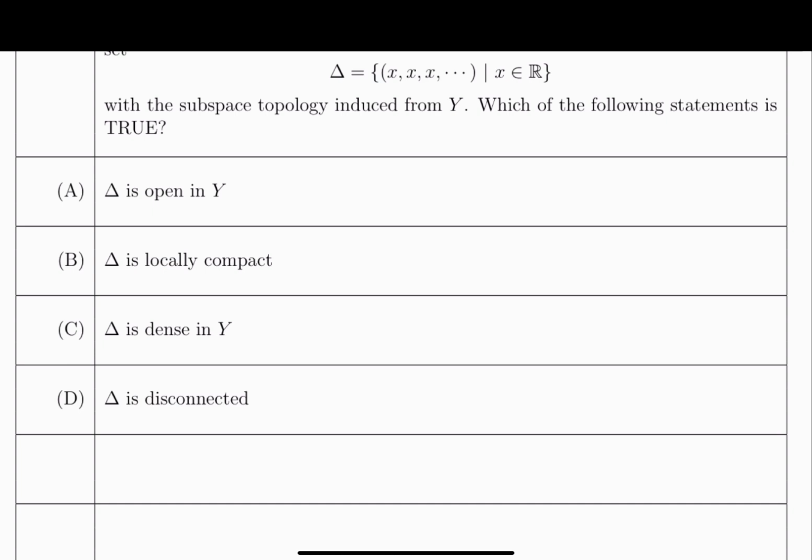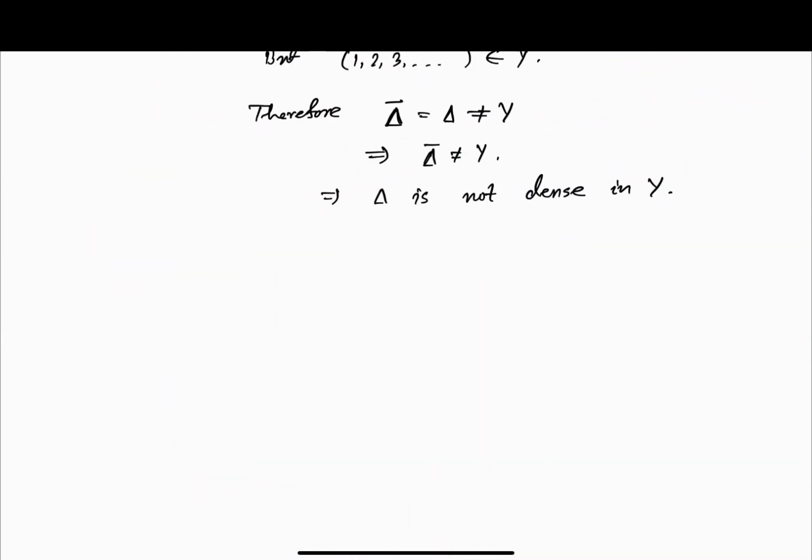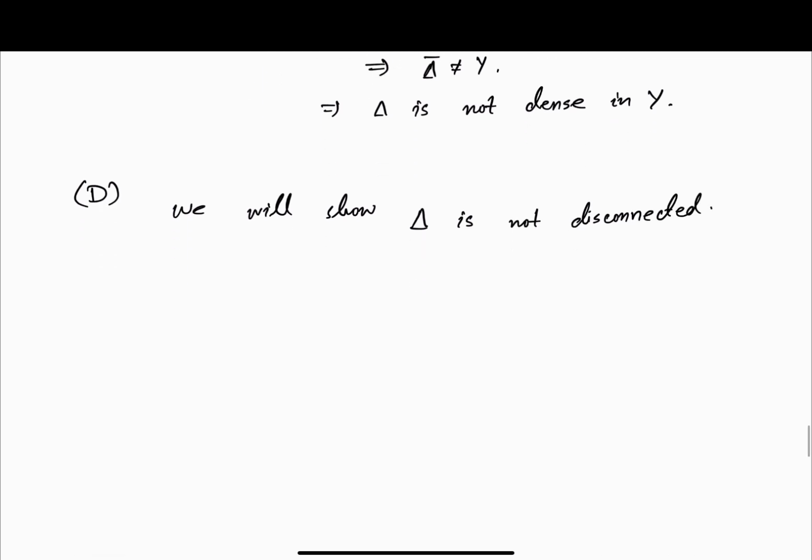Okay, now option number D, it's saying that delta is disconnected. Again we'll show that this option number D is also not correct. So D, we will show delta is not disconnected, meaning we will show that basically delta is connected.